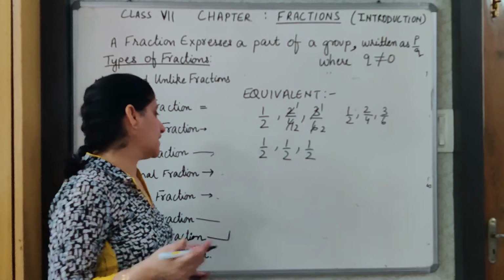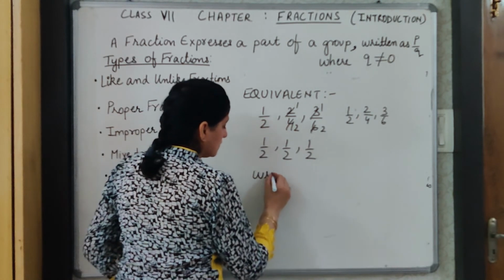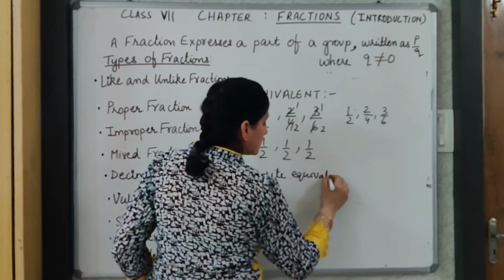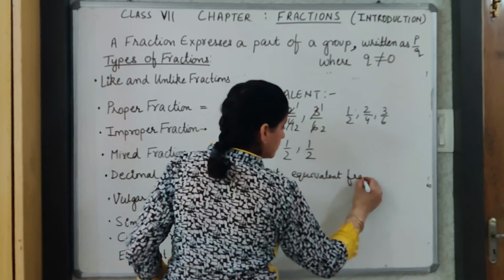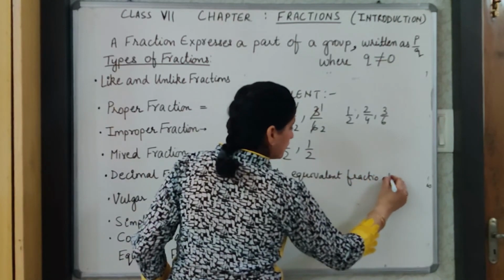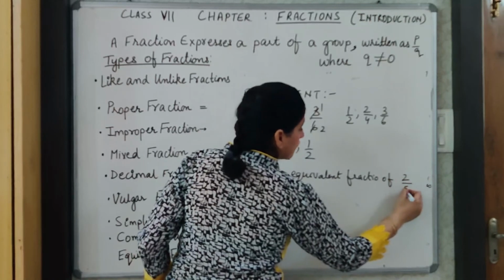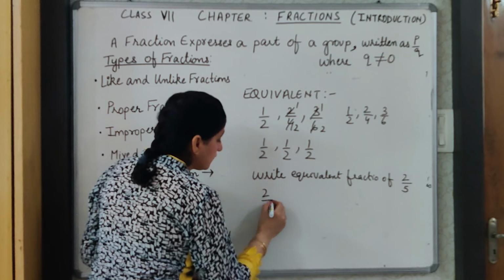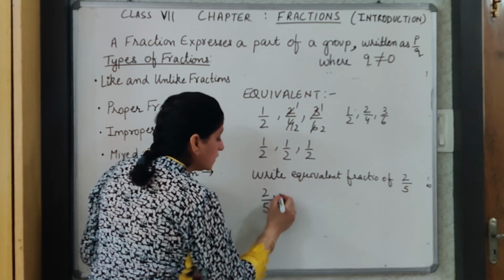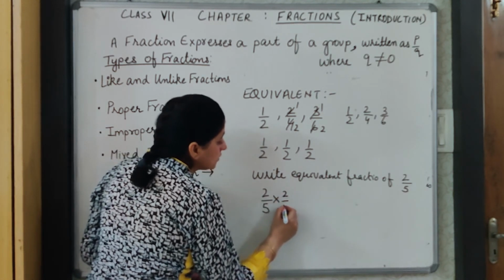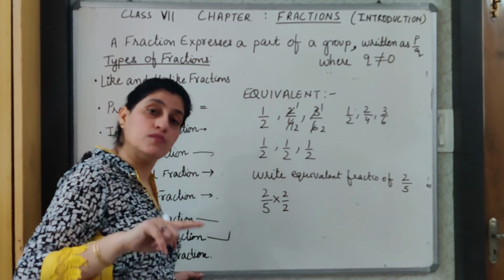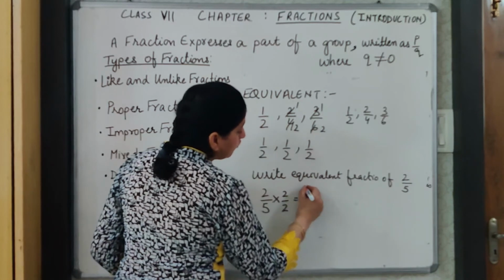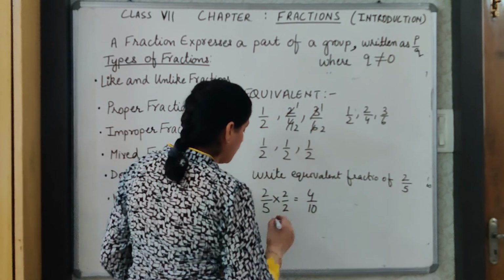The questions generally asked are: write an equivalent fraction of, say, 2 upon 5. So how do we write equivalent fractions? To write equivalent fractions, we multiply the numerator and the denominator by the same number. So this will become 4 upon 10. 4 upon 10 is equivalent to 2 upon 5.